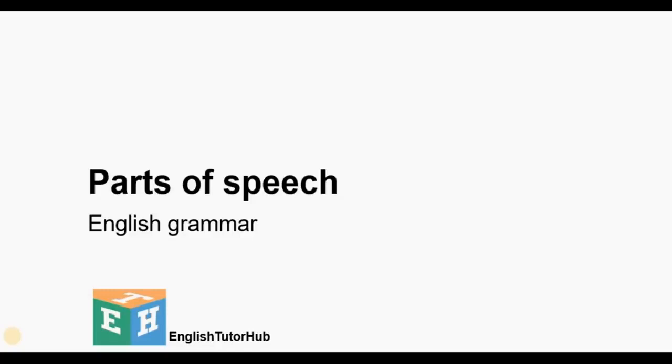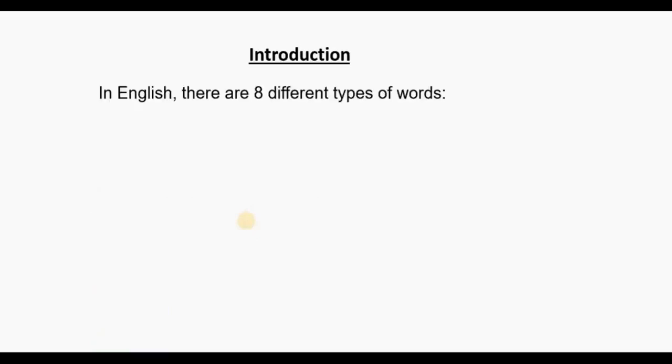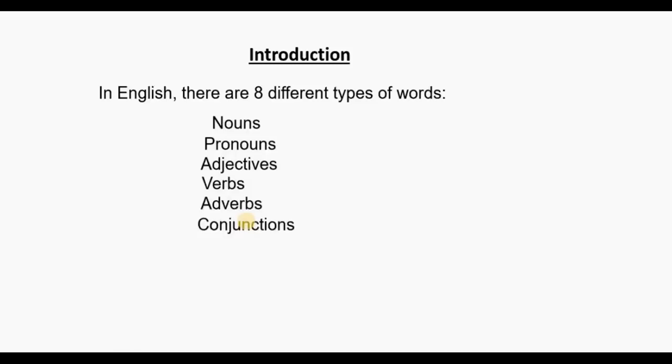Today's lesson is an English grammar lesson all about parts of speech. Introduction. In English, there are 8 different types of words. They are nouns, pronouns, adjectives, verbs, adverbs, conjunctions, prepositions, and interjections.